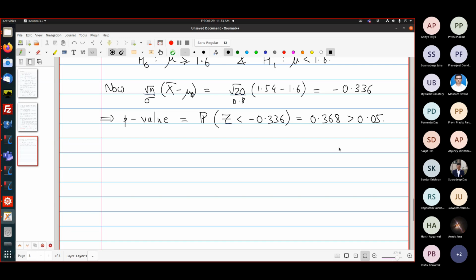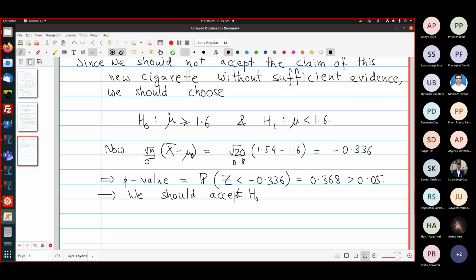Okay, which means acceptance. Remember that if the p-value is greater than alpha, we accept it. So we should accept H naught, which is this one.